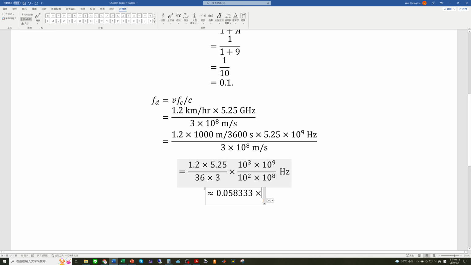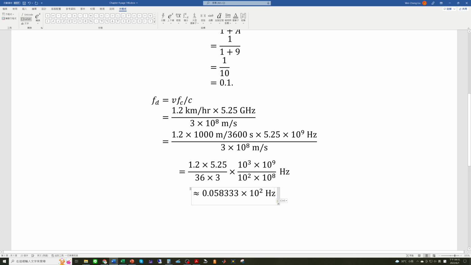And times, so this term we do not need to use a calculator. We can see that 10 to the power of 3 plus 9 minus 2 minus 8, which is equal to 12 minus 10, so it is equal to 10 to the power of 2. And the unit is hertz.